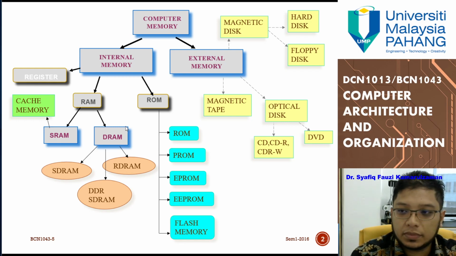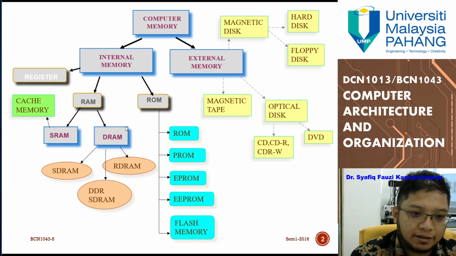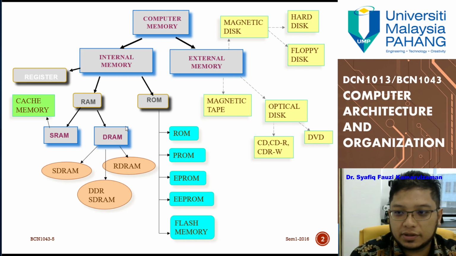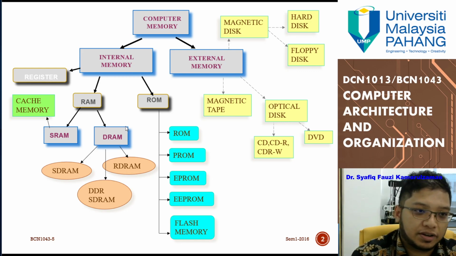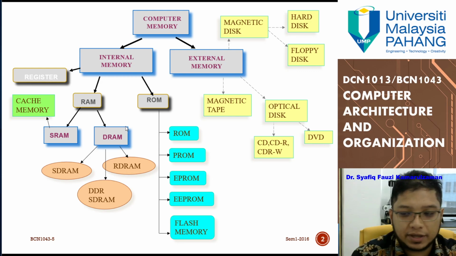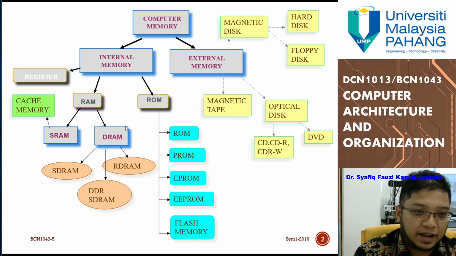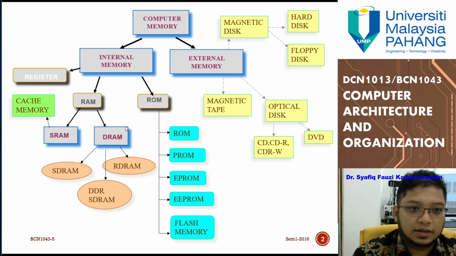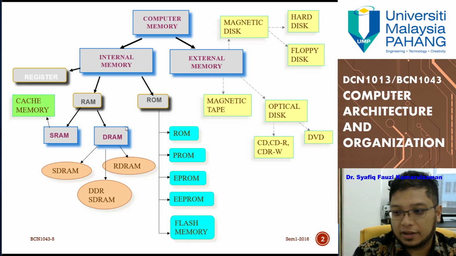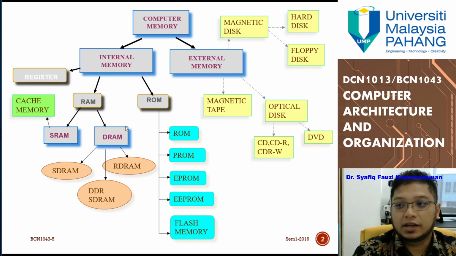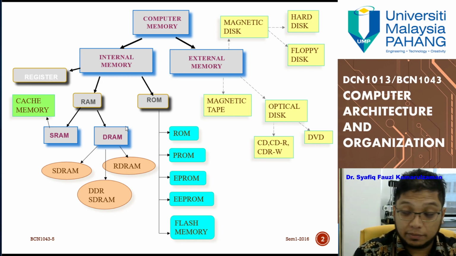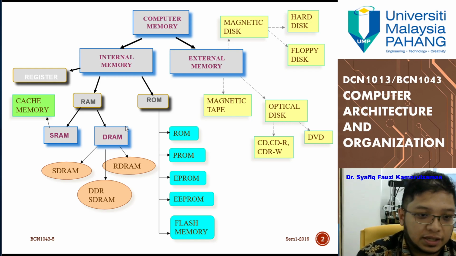The internal memory we can divide into several types, which is the register, RAM, ROM, SRAM, DRAM. So a lot of things. For the external memory, you have, for example, your CD, DVD, your SD card, your flash drive, your external hard drives. Even previously we had floppies. So those are what we call external memory. So let's go step by step covering all the session today.